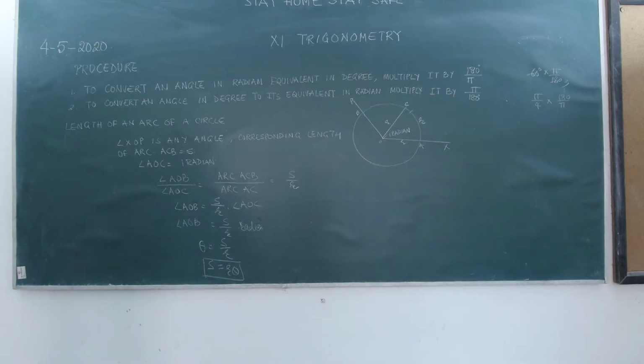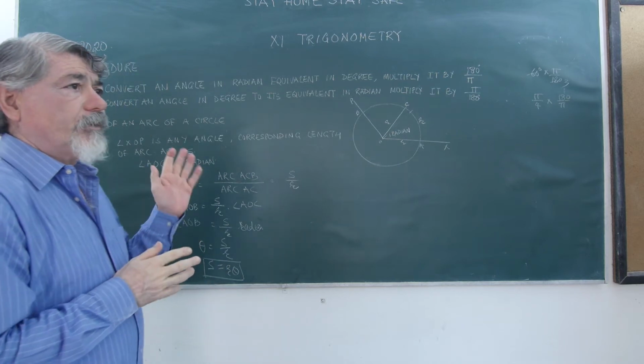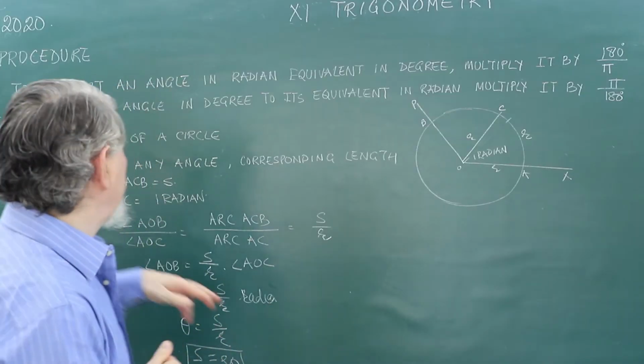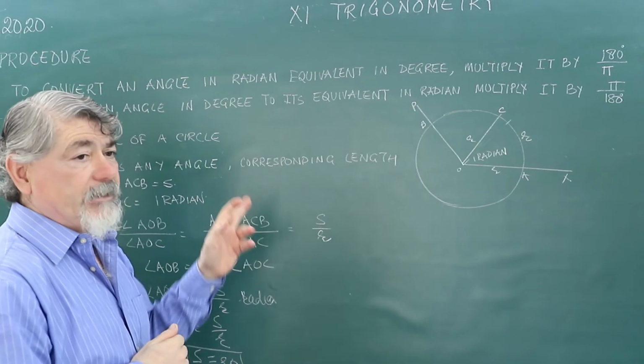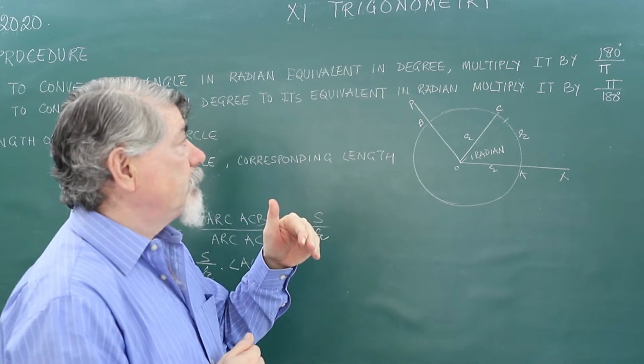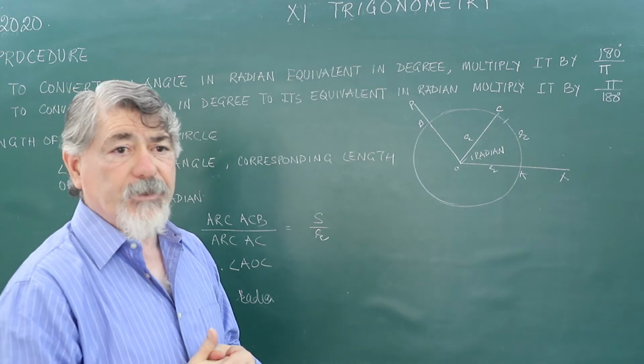We talk about the procedure of conversion of an angle from radian to degrees and degrees to radian. The procedure to convert an angle in radian to its equivalent in degrees is to multiply its measurement by 180 degree upon pi.